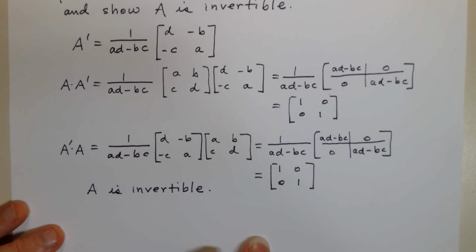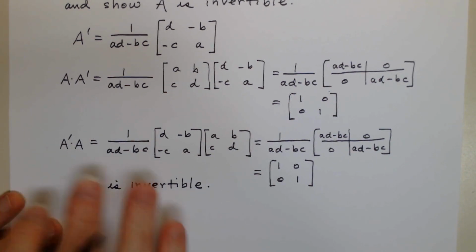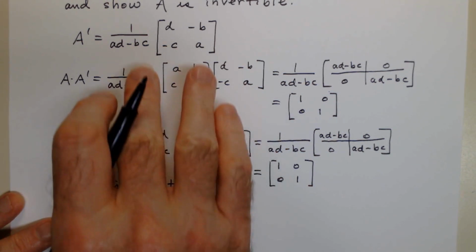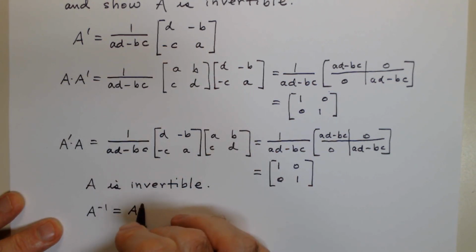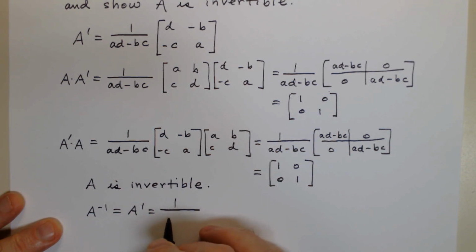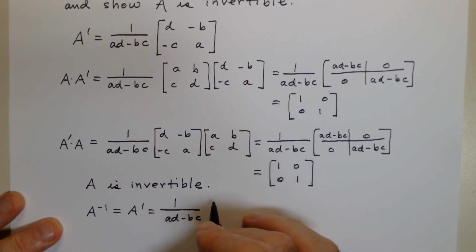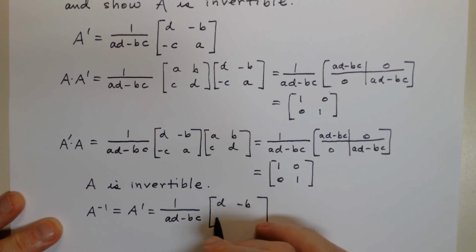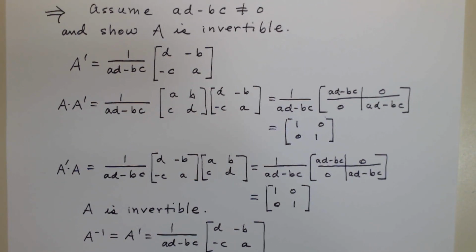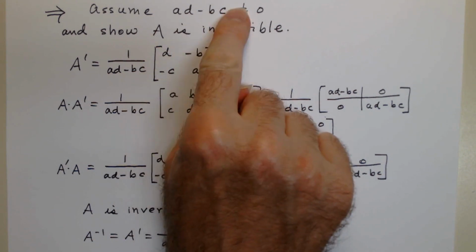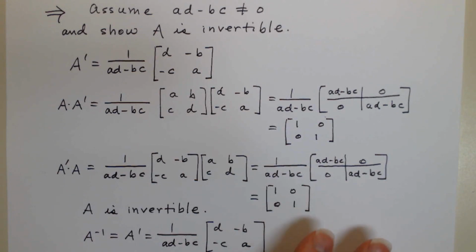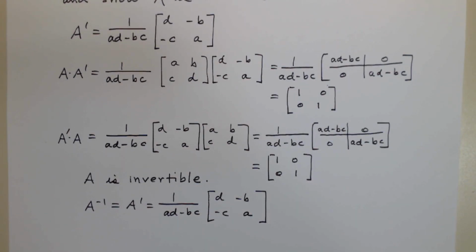So one other consequence from this is that this matrix A prime that's doing this work for us must be the inverse of A. So we can identify A inverse now as A prime. And that's the first part of the proof of theorem 3.8, that the non-zero determinant gets the ball rolling. Once the determinant is different from 0, the matrix is invertible, and we can write down the inverse very simply.